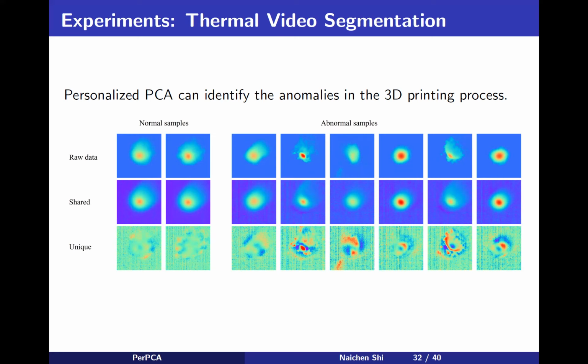We find that the local PCs correspond to the anomalies in the manufacturing process. So if we identify a local PC with a very large signal, we are very likely to see an anomaly at this frame, which can correspond to mechanical defects in the printed objects.